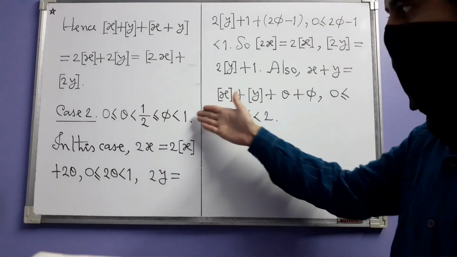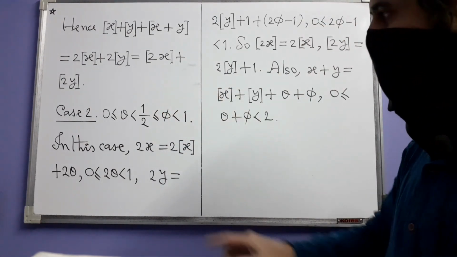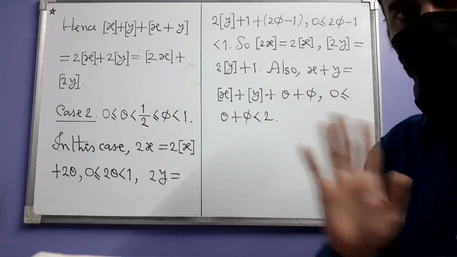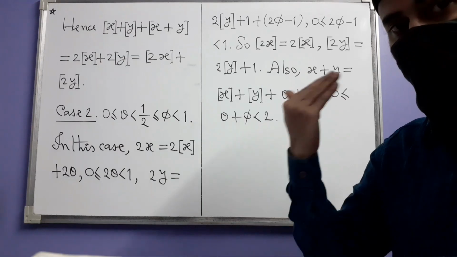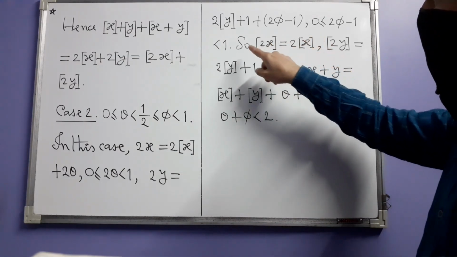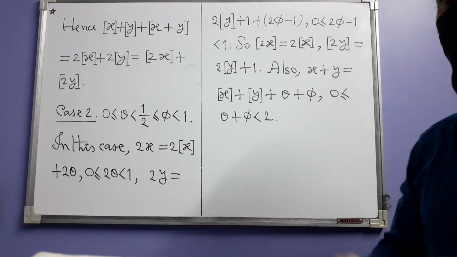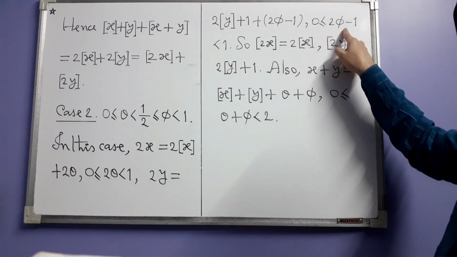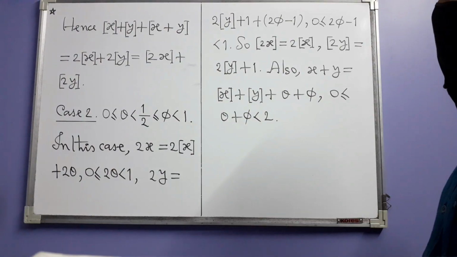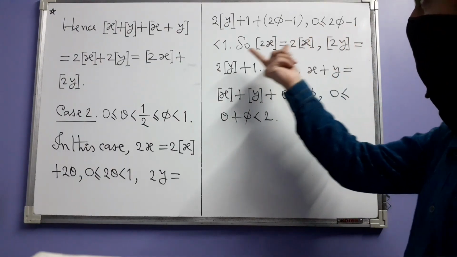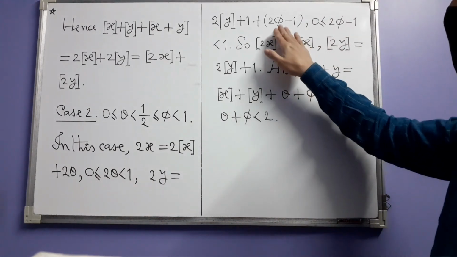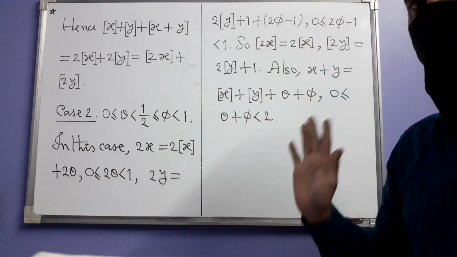If you multiply throughout by 2, you will get 1 less than or equal to 2 phi less than 2. And then if you subtract 1 from all three terms, that gives you 0 less than or equal to 2 phi minus 1 less than 1. So here again you are getting this type of inequalities. The only thing is that it's no longer 2 phi, but it's 2 phi minus 1.